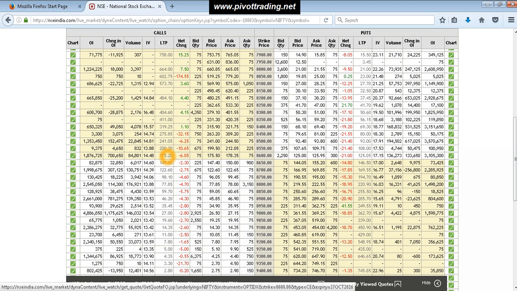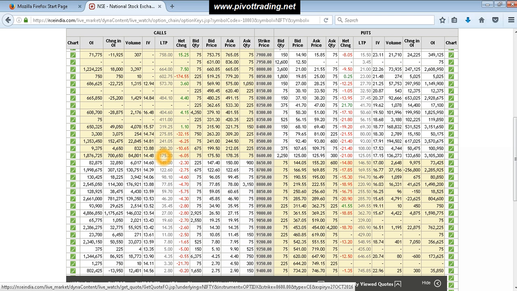You are 300 points plus from your buy level. But now understand this. Your direct profit is not 300 rupees, because to buy this call of 8600 you paid a price of 175 rupees. So your total investment is 175 rupees.